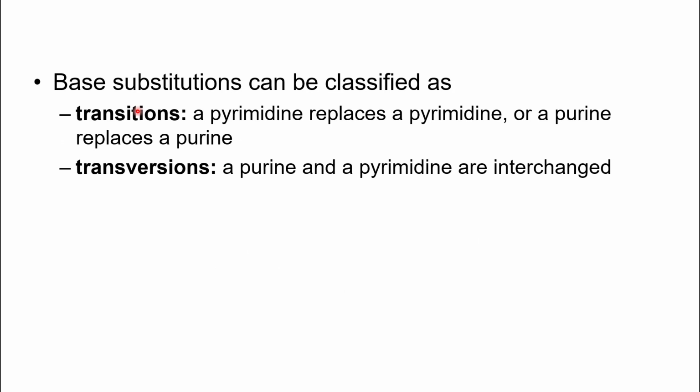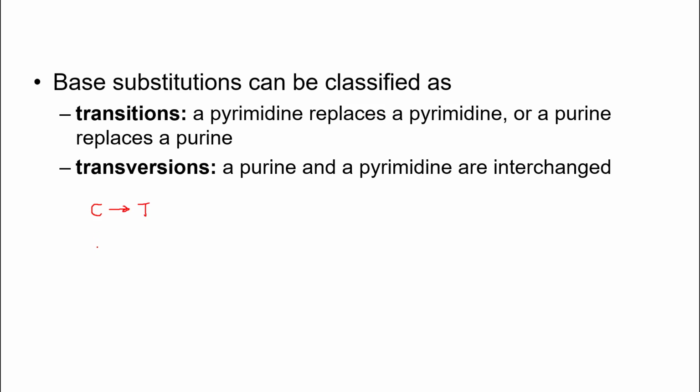Furthermore, base substitutions can be classified as either a transition or a transversion. So a transition is where we replace a pyrimidine with another pyrimidine. So that would be like going from cytosine to thymine.